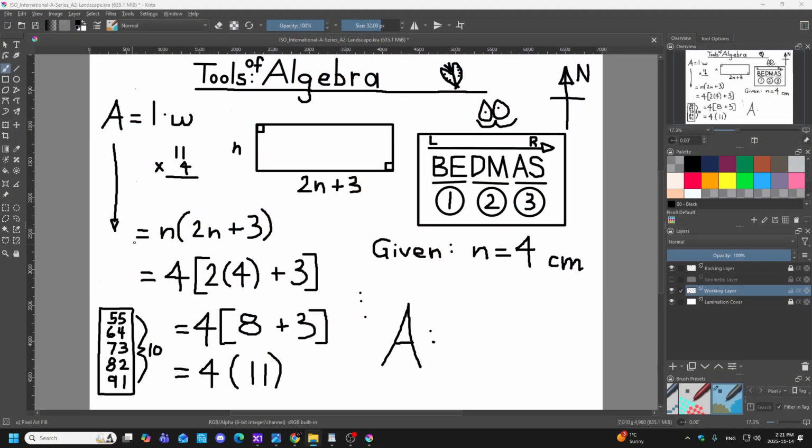Okay, the 11s are easy, so 44. All right, so our answer is 44. Don't forget your units. Centimeters.